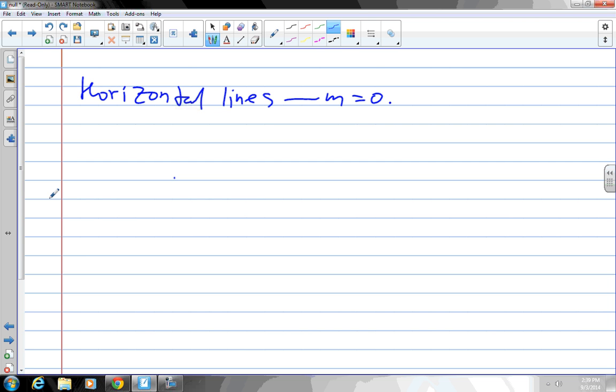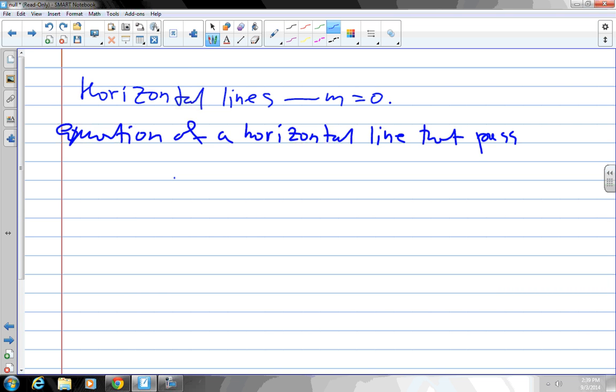So the equation of a horizontal line that passes through some point (a, b) is y equals b.